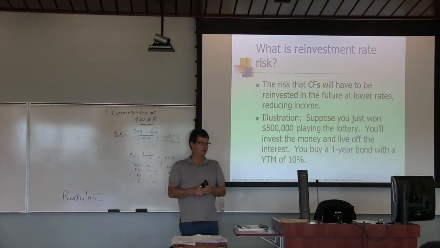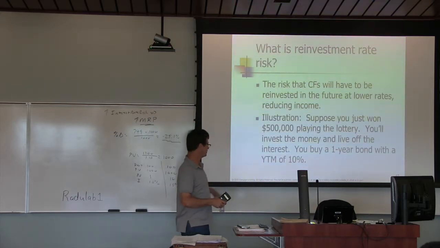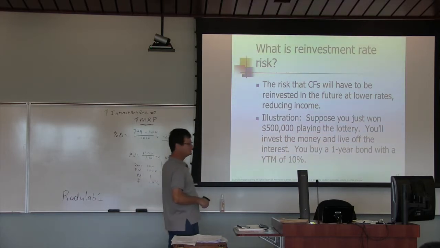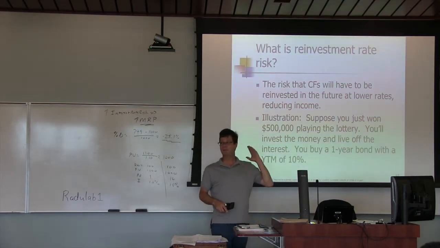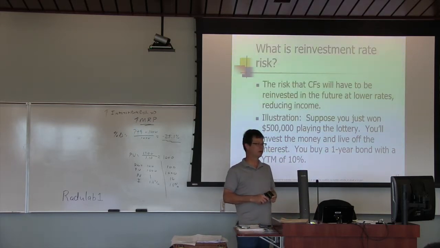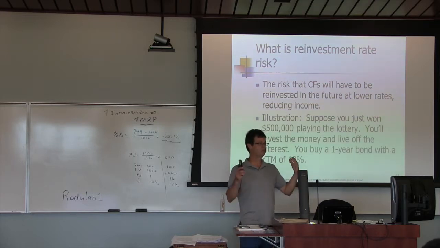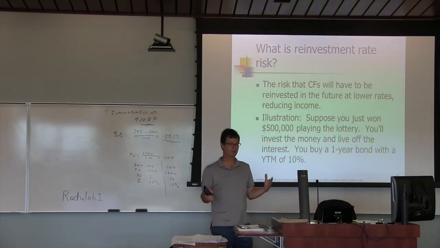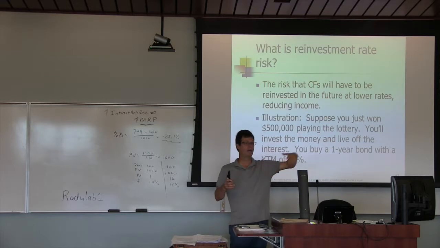Because when you invest, let's say, in a long-term bond with a 10% yield to maturity, if you hold it all the way to maturity, you're going to get your 10% per year out of it, if it doesn't default, right? So you've locked that in, and your reinvestment rate risk is low and pushed way away from you.